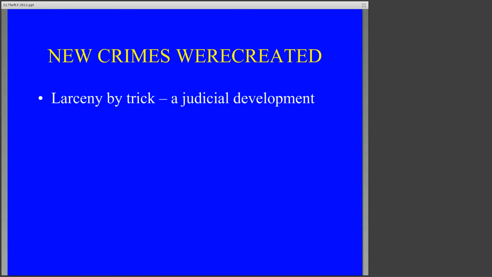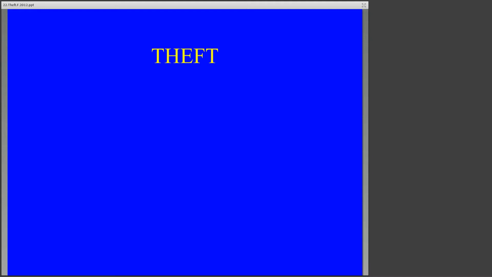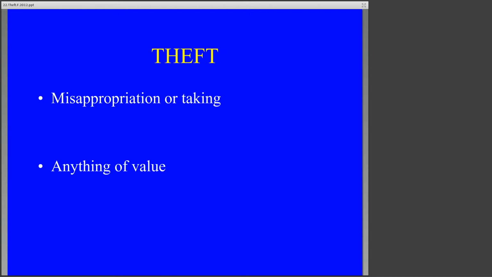New crimes were created. What are some of those new crimes? Larceny by trick, created by the courts. Embezzlement is a statutory crime. False pretenses, also a statutory crime. Well, now let's fast forward to the 21st century and look at the definition of theft based on the Louisiana Criminal Code.